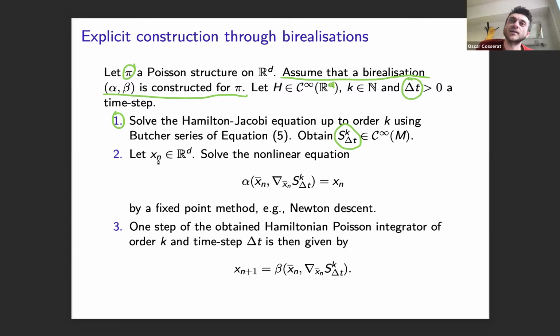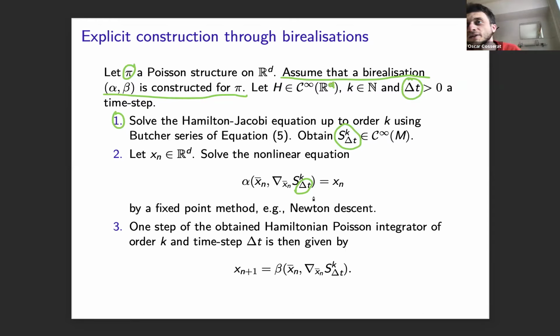Let x_n in R^d, so x_n will be the point we want to iterate. Solve the nonlinear equation alpha at x_n bar of the gradient of S_k delta t at x_n bar equals x_n. So that's where you need delta t to be small enough, because it follows from the implicit function theorem or inverse function theorem that for delta t small enough, this equation has a solution.